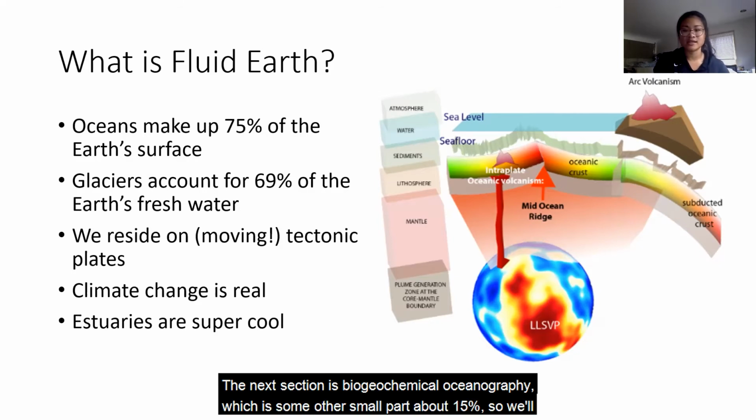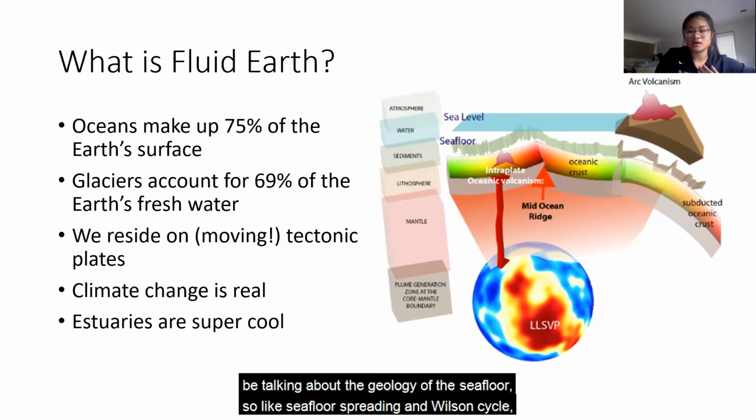The next section is biogeochemical oceanography, which is some of their small parts, about 15%. So we'll be talking about the geology of the seafloor, like seafloor spreading, Wilson cycle, and some other topographical features of ocean basins.